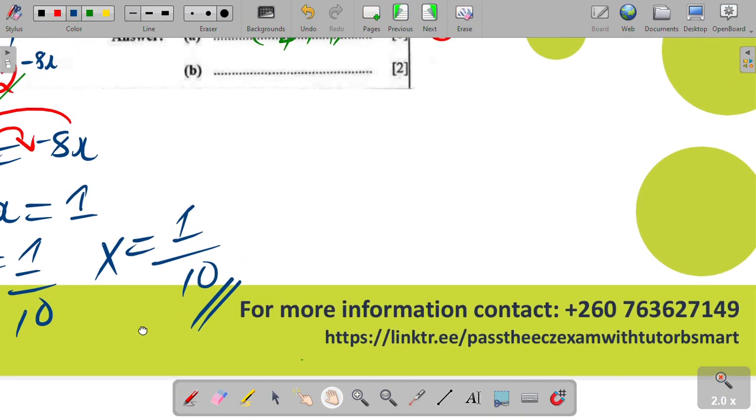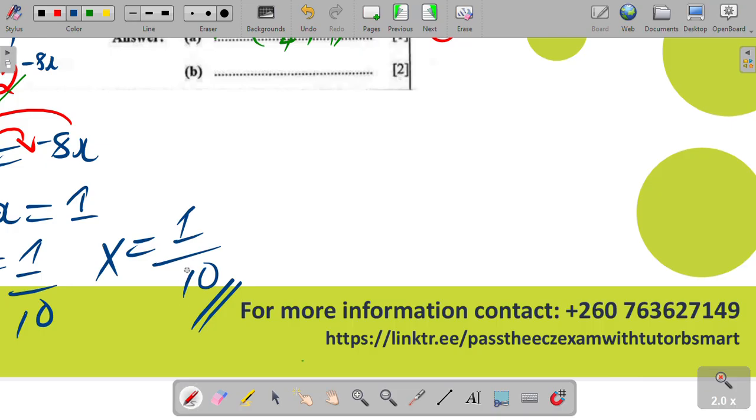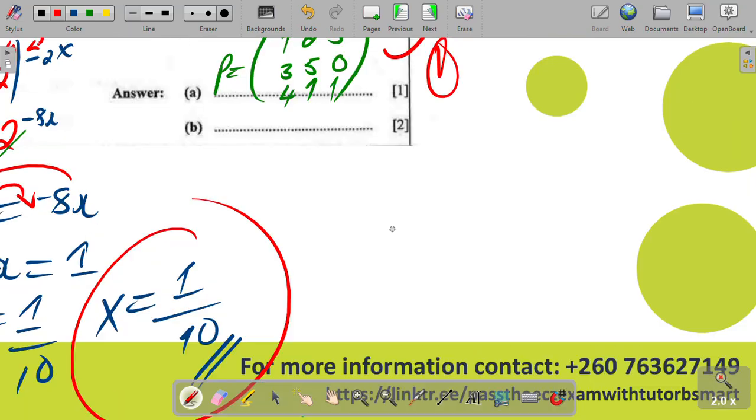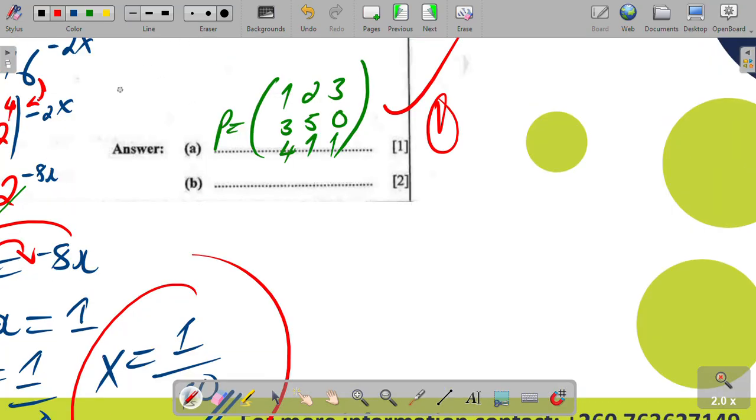This is how we find or solve the equation. So our answer here is 1 over 10. So we write it here. x is equal to 1 over 10.